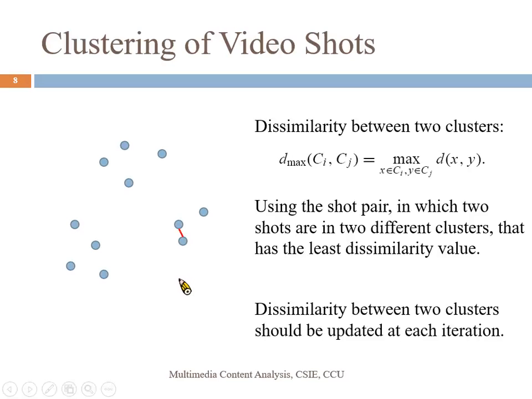So we may find these two, and then we cluster them together. And then we calculate the distance. The same process keeps going. So we may find this pair has the distance, and then we keep doing this again and again.